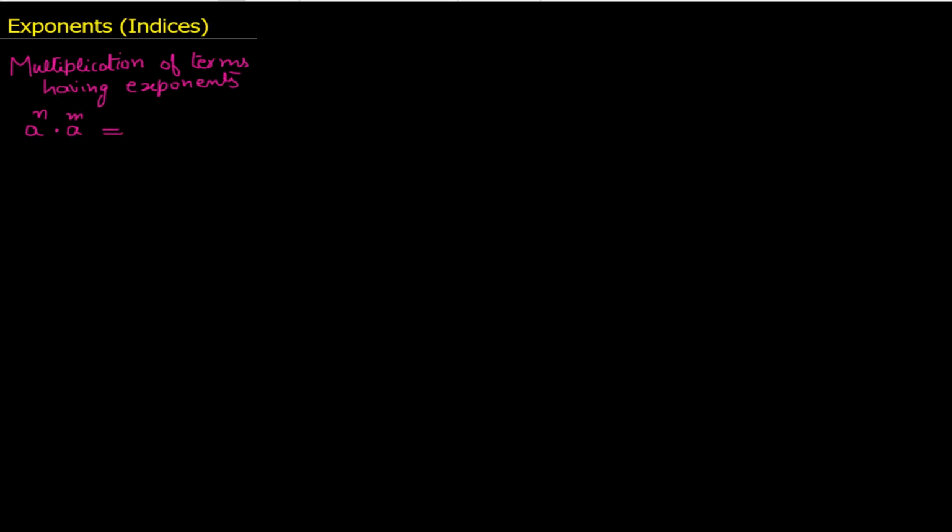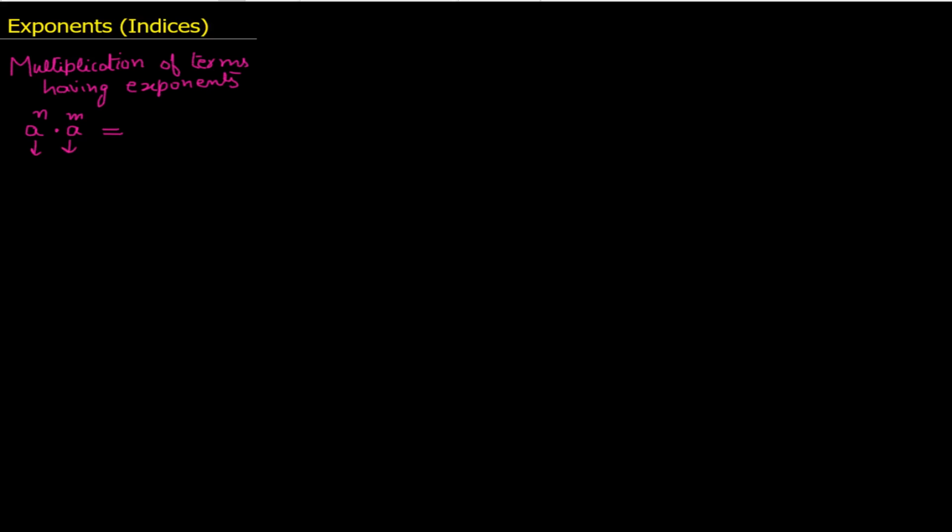So the answer would be, first we have to check if the base is same. Yes, both terms have base a, only then we can use this rule and we can multiply them and simplify them. Otherwise, if the base is not same, then they will stay next to each other. There is no simplification.